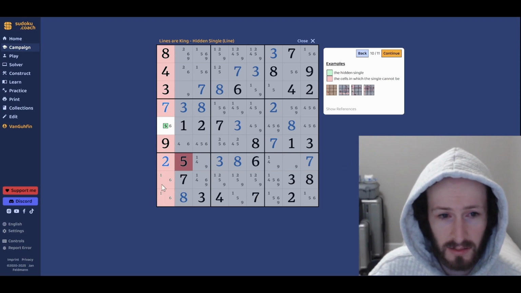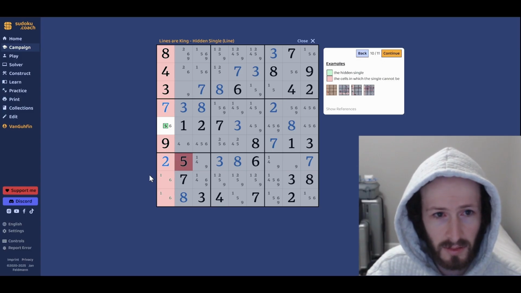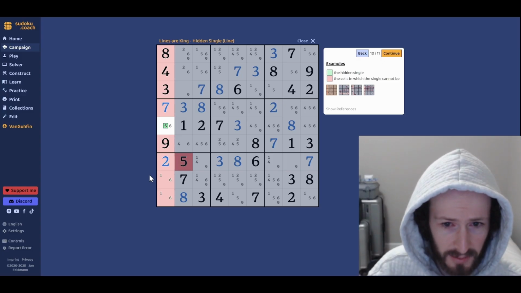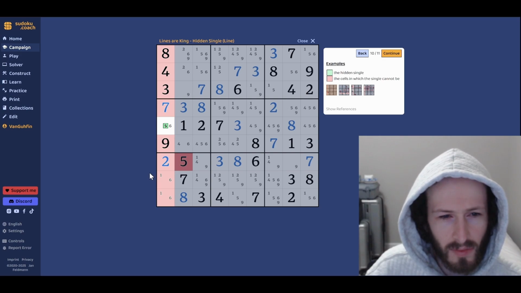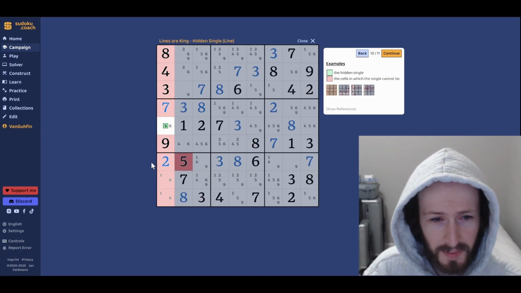Looking at this column, there are 3 empty cells. The 5th spot, the 8th spot, and the 9th spot. Now, the only numbers that can be in those empty cells are a 1, a 6, and a 5. So how do we solve any of this with just the information on this board?